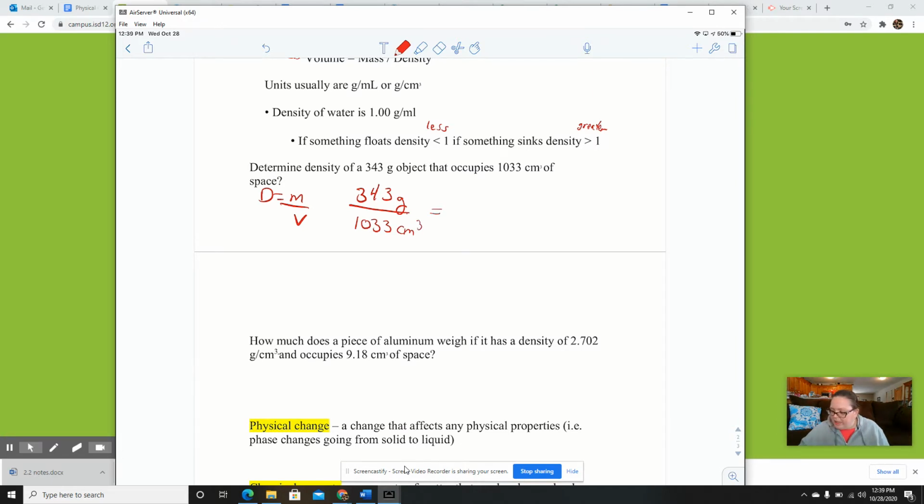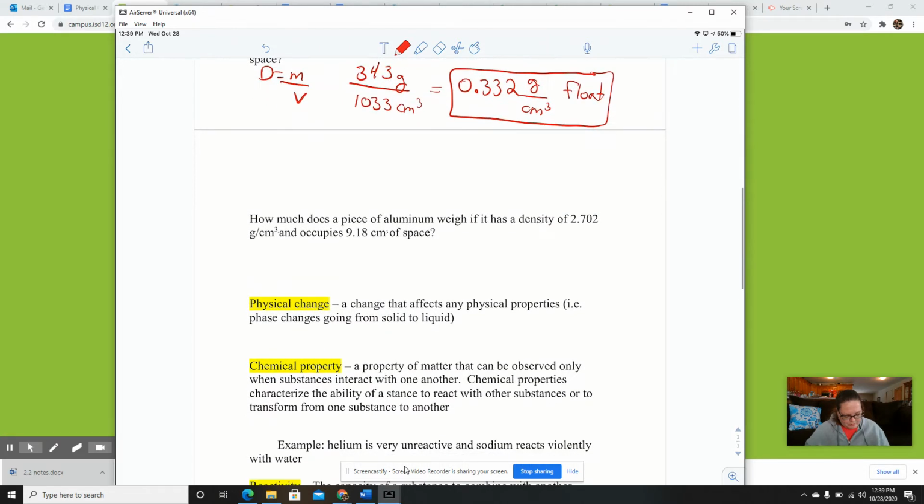And I go to my calculator, which I have off to the side here, 343 divided by 1033. And I'm going to take 3 decimal points. We're going to get 0.332. And my unit is grams per centimeter cubed. And this would float because it is less than 1. So there is an example there for you, okay?